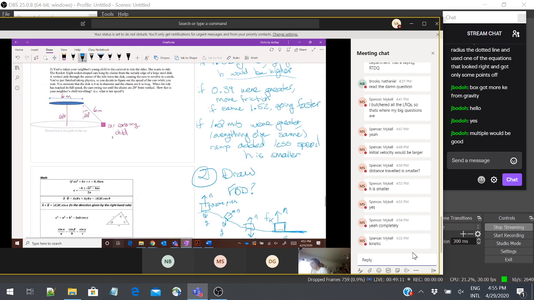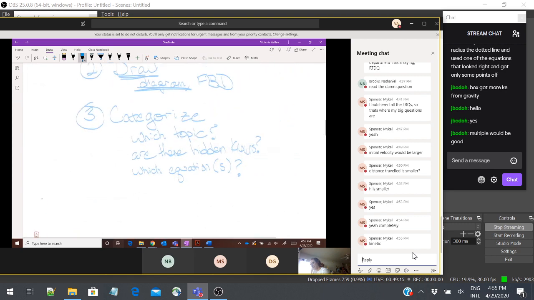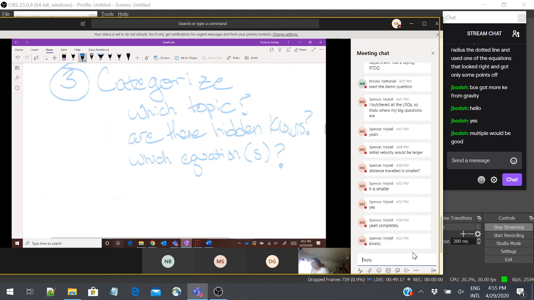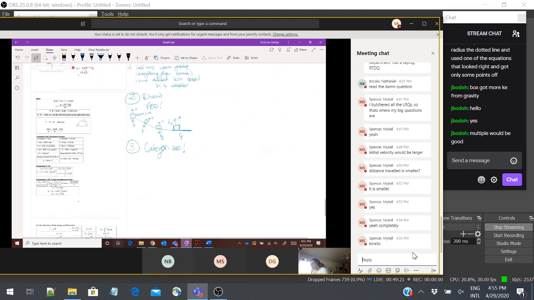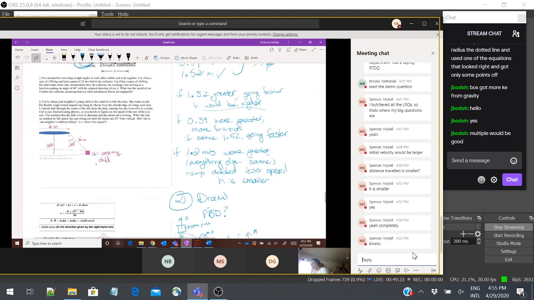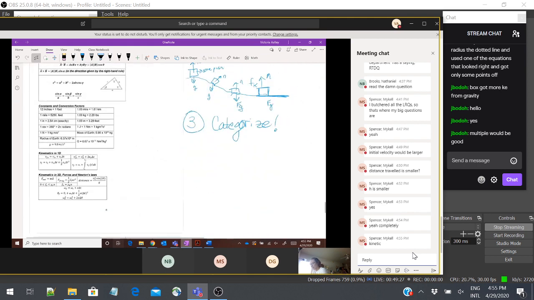Okay. So step 3, our next step is categorize. What did I talk about for categorize? It was think about which topic. Are there any hidden knowns? Any particular equations that we want to be thinking about? So what topic or topics do you think this covers?